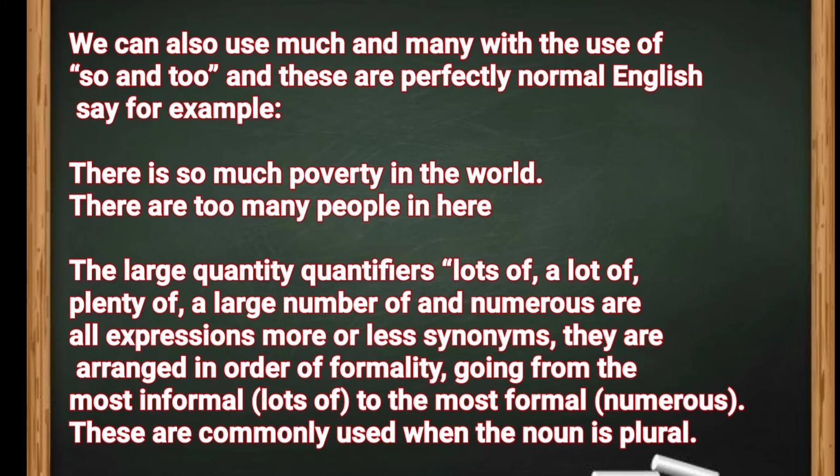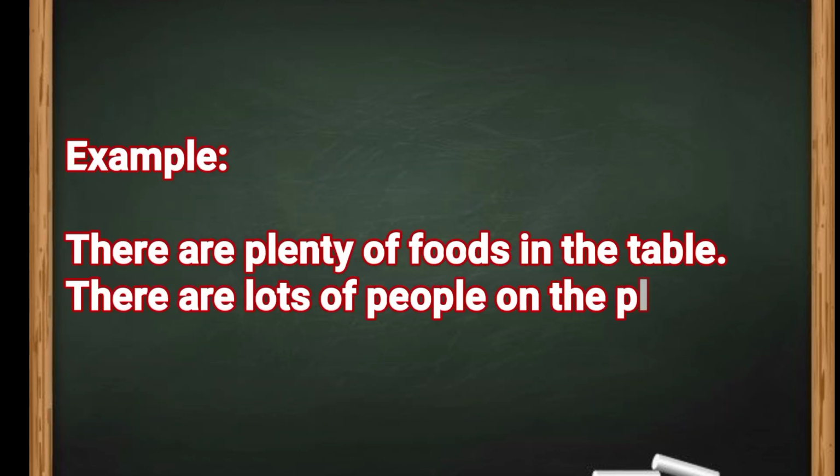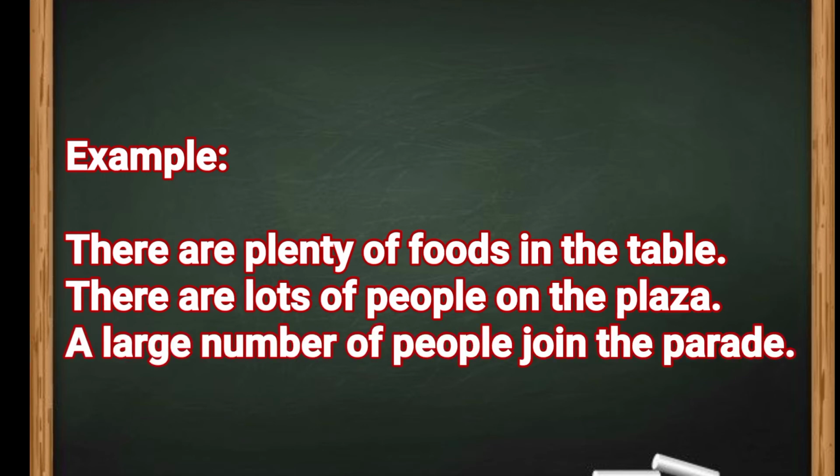These are commonly used when the noun is plural. Let's say, for example, there is plenty of food on the table. There are lots of people on the plaza. A large number of people joined the parade.